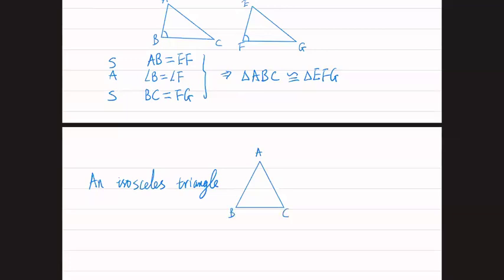These 2 angles B and C have the same measure. And AB and AC, the 2 sides.